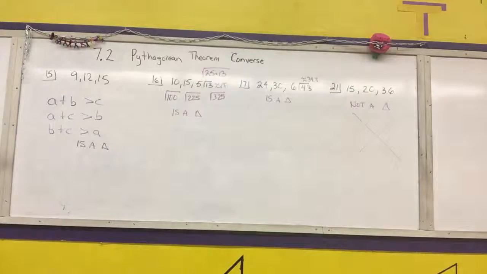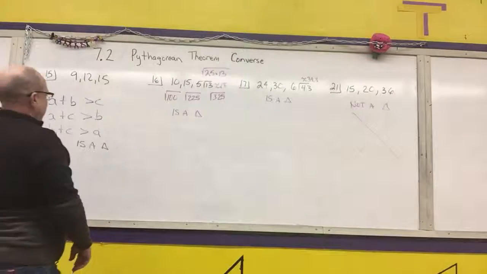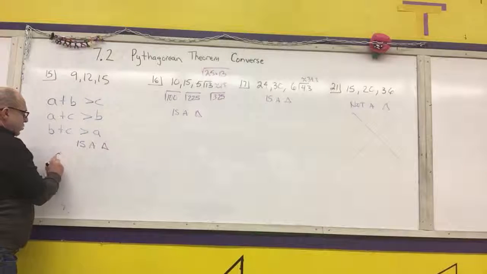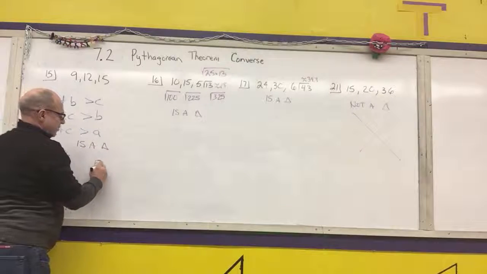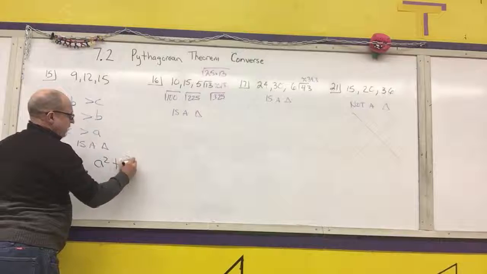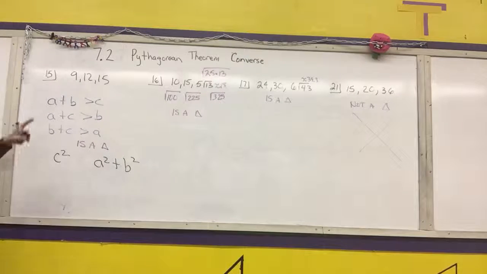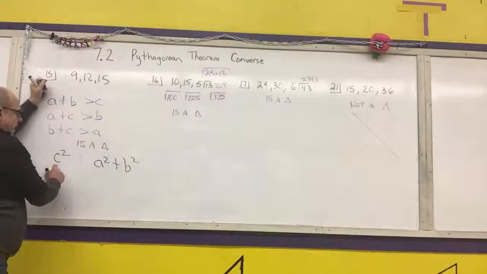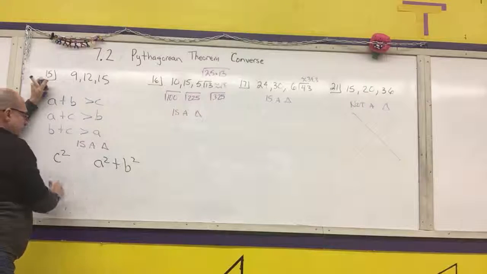Now what we want to do is set up our c squared and then a squared plus b squared for each of these. When I set that up, the c is always the longest side, and then I'm going to see what sign goes in between these.